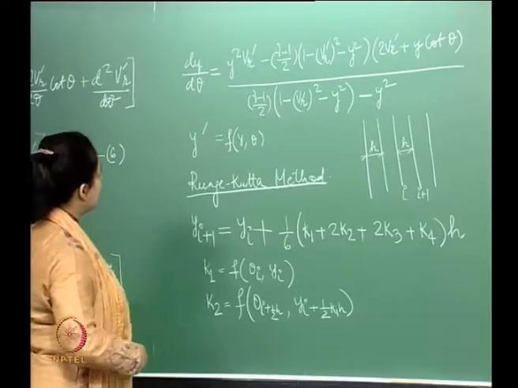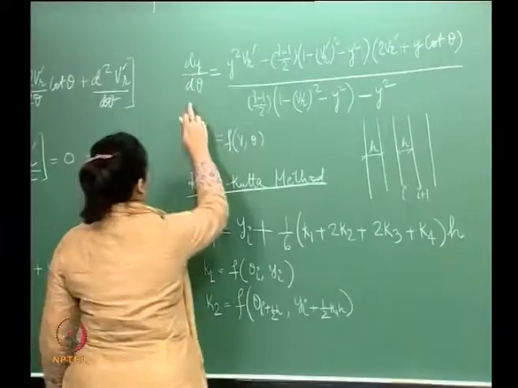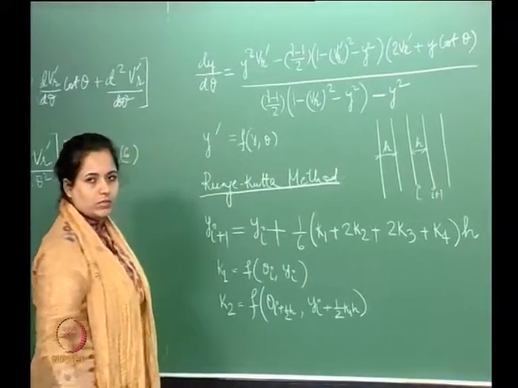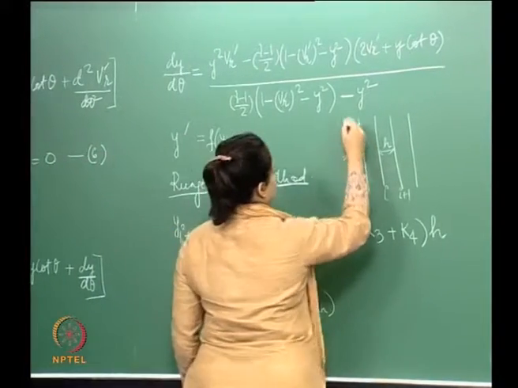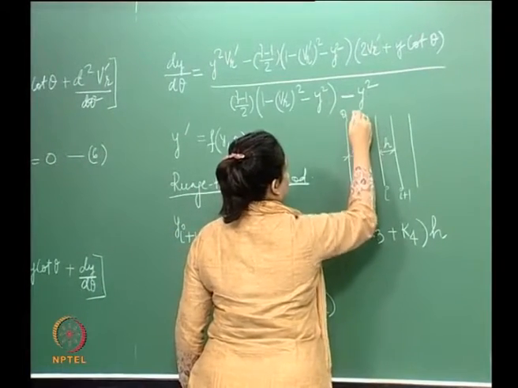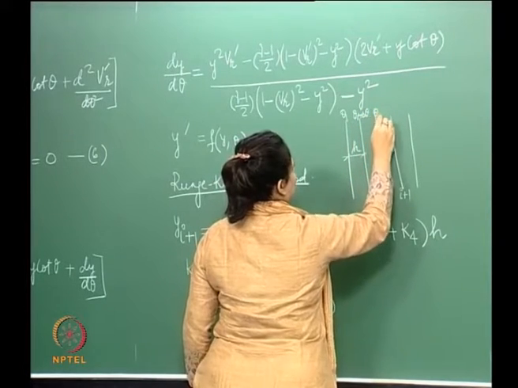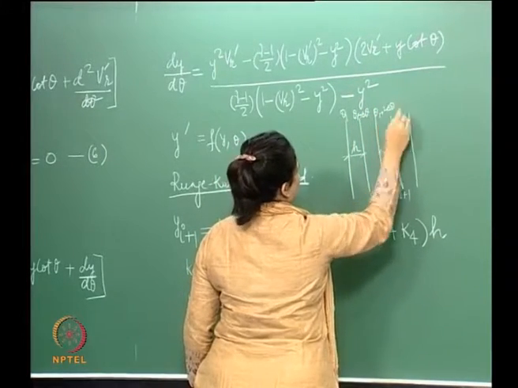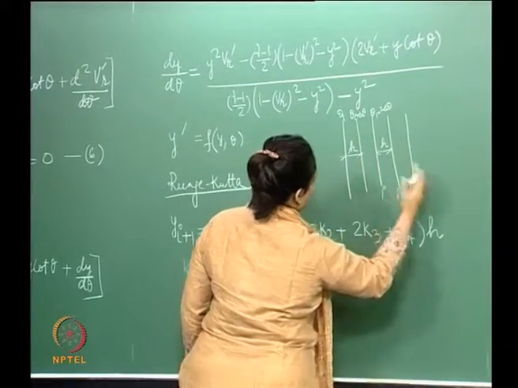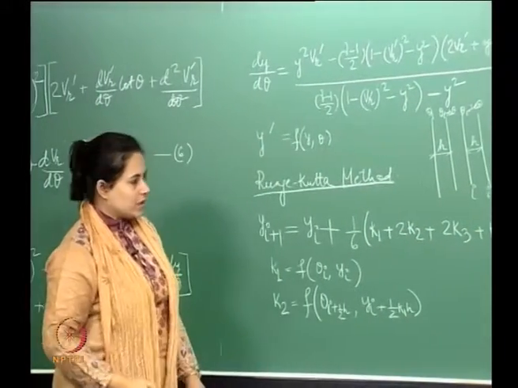Of course, as you can see, we are differentiating over theta. So h means theta_1, then theta_1 plus delta theta, theta_1 plus 2 delta theta, and so on and so forth.